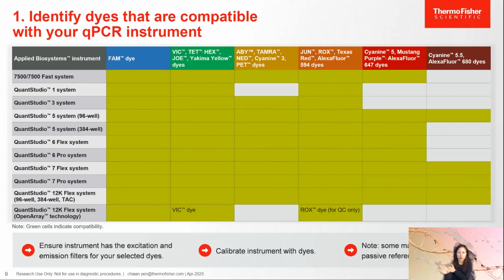And this information is available online, and it will be provided via a link by the end of the presentation that you can go back to refer to, and it will have a lot more details on the information, such as whether the instrument comes pre-calibrated with certain dyes, or if you're going to use dyes that would require custom calibration before you're able to run your experiment with that dye.